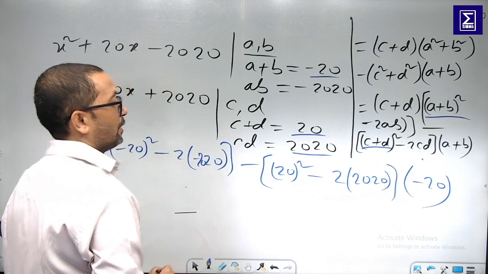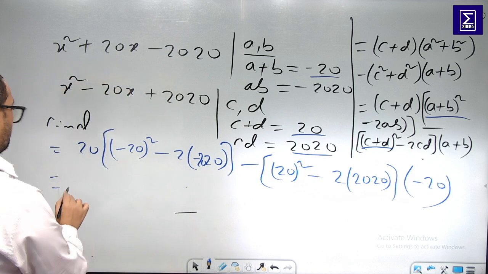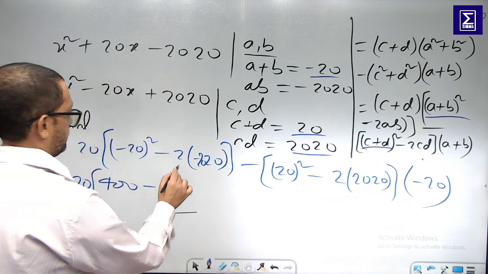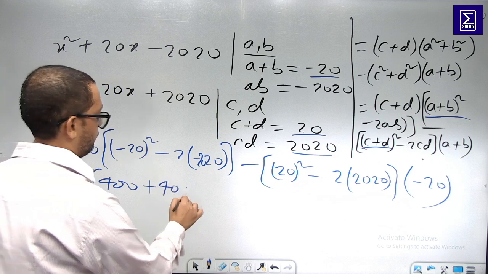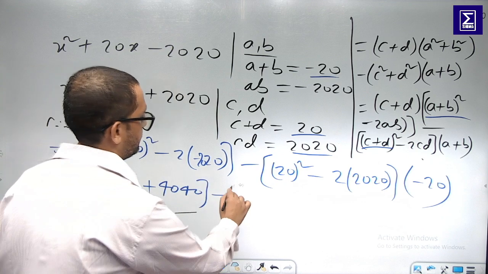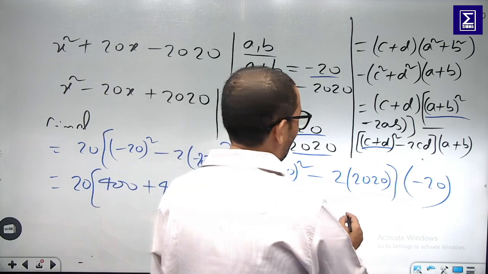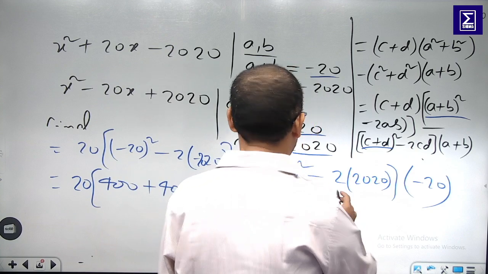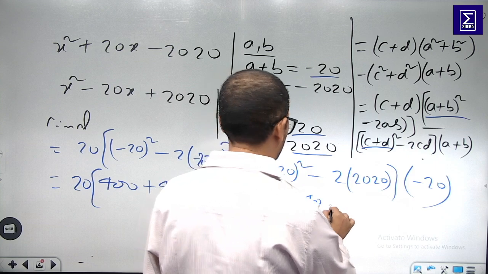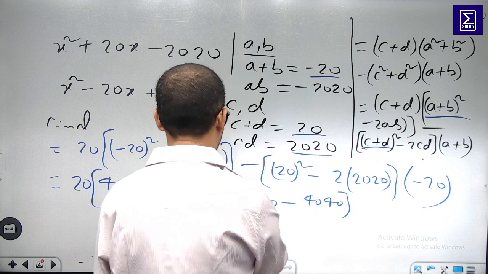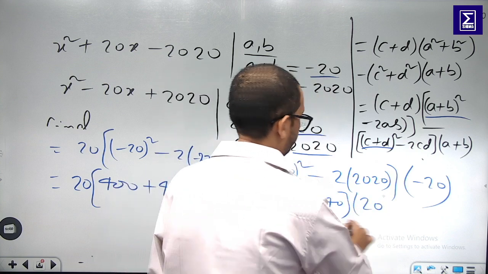Okay. So now the next step would be simply like 20, and this is 400 minus 40 plus 40, and then minus, within the bracket, 400 minus, and here it is 40 and 40, and negative 20 and negative 20 makes plus 20 here.